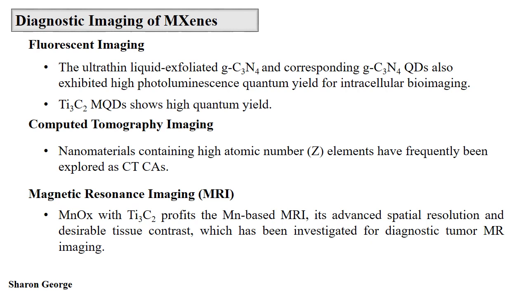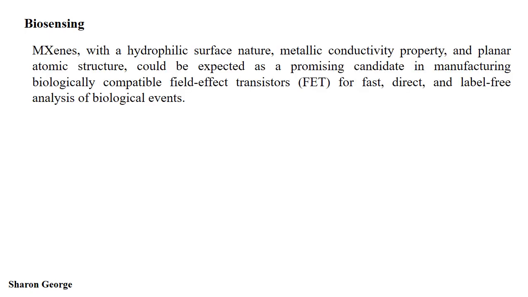Okay. Next is biosensing application. These 2D nanostructures are widely used in biosensing applications. Because of the hydrophilic surface, metallic conductivity and planar atomic structure, this 2D structure can be used as a field effect transistor for fast, direct and label-free analysis of biological events.